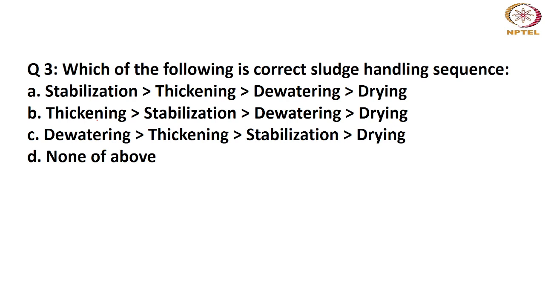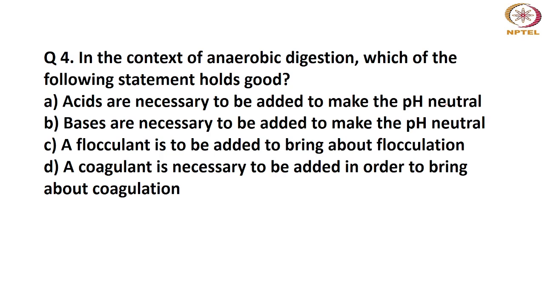The correct option is B. First we need to thicken the sludge to reduce the volume, then we have to stabilize, preferably by anaerobic digestion. In some cases we can go for aerobic digestion or chemical stabilization. Then we need to dewater the stabilized sludge again, to remove the water. At last, we can go for drying beds to get the completely solidified sludge.